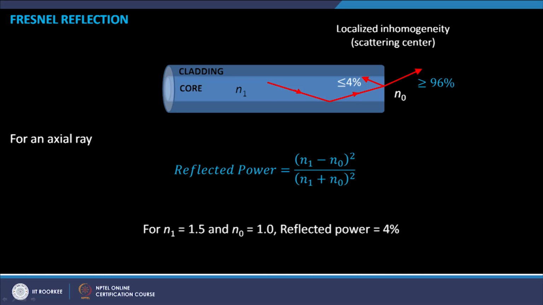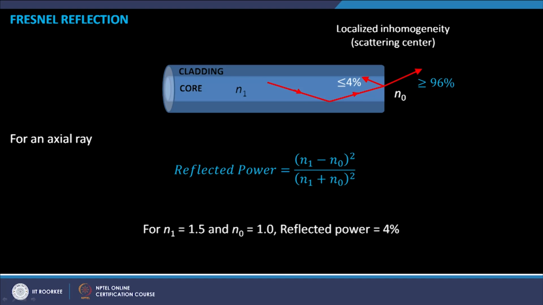For an axial ray, because of this index contrast, the reflected power is given by (N1 minus N0) whole square divided by (N1 plus N0) whole square. For glass, if I typically take N1 equal to 1.5 and N0 for air equal to 1, then the reflected power is about 4%.